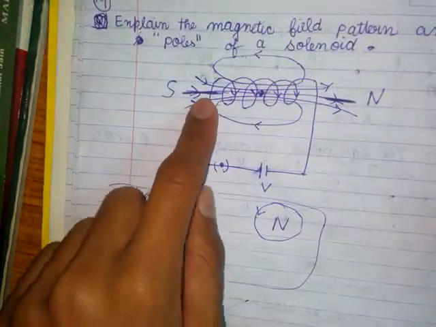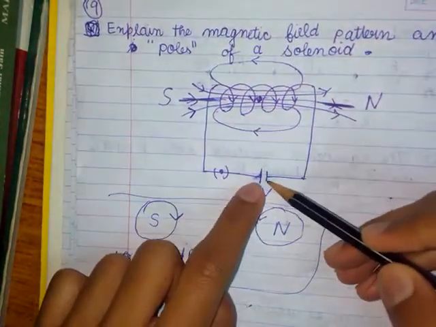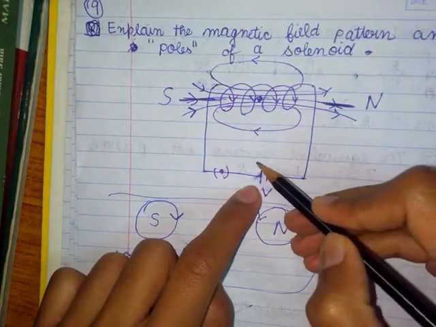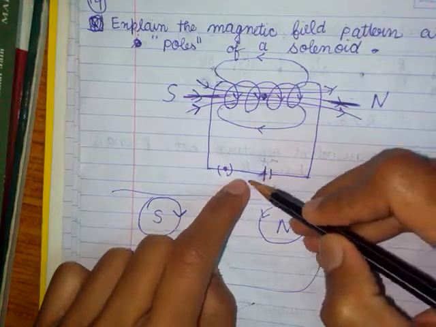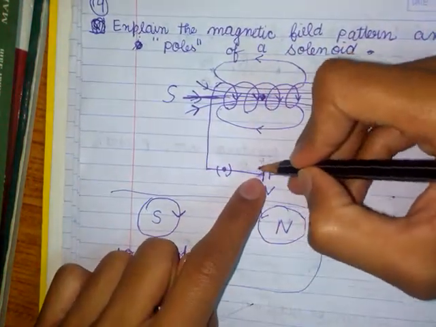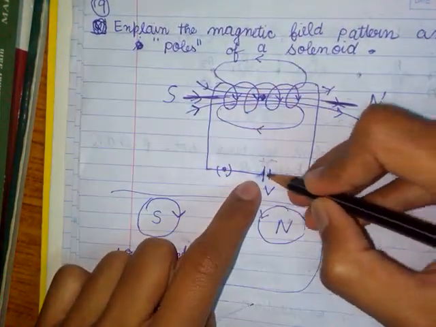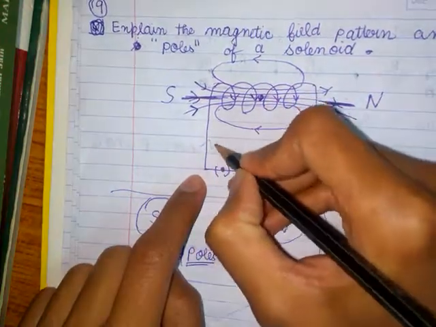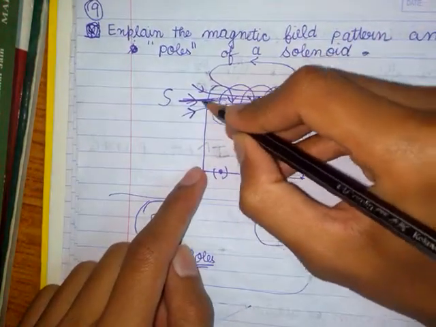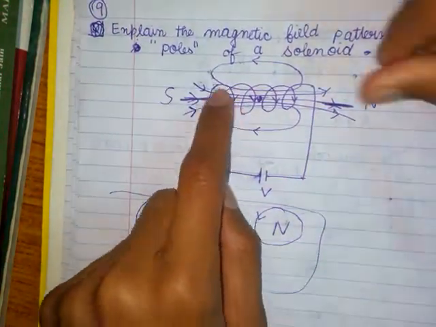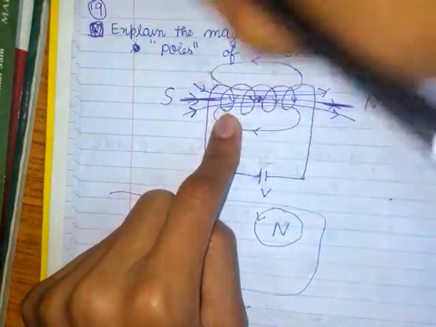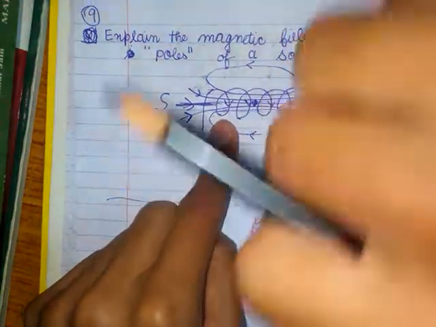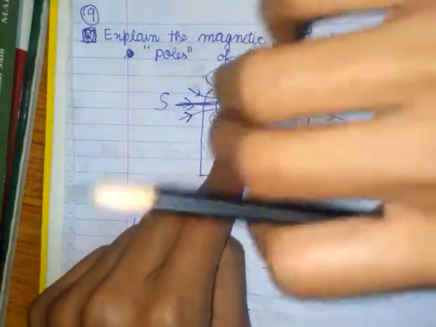Let us do it. This is the battery, this is the positive terminal, and this is the negative terminal. Conventional current direction is from the positive terminal to the negative, like this. So current flows like this and like this here. Apply the corkscrew rule at this point. Current is going like this in the downward direction.